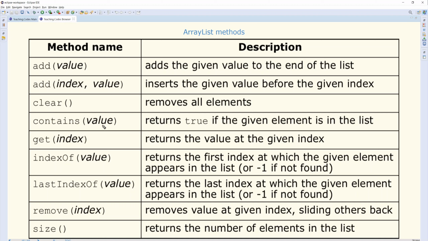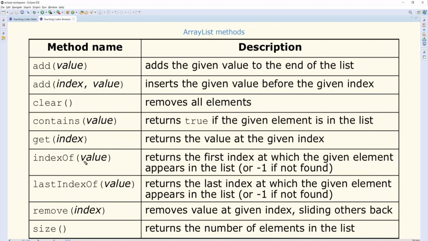Contains, as we have seen, checks if the array list contains such an element. If so, it will return true, otherwise it will return false. Get will return us the element at the index given in the parameter.